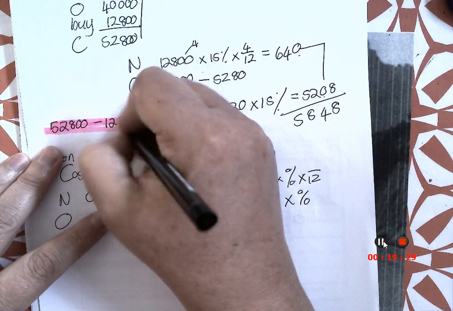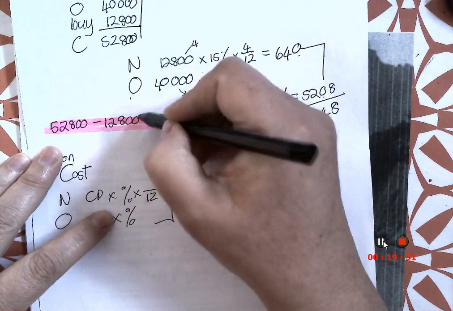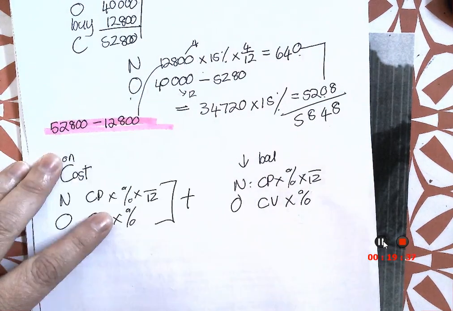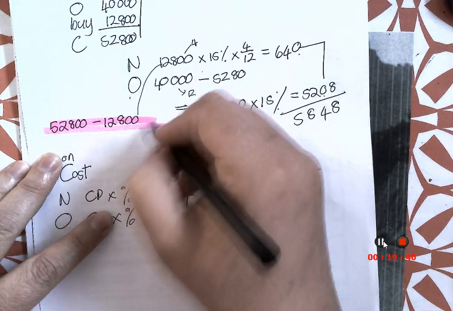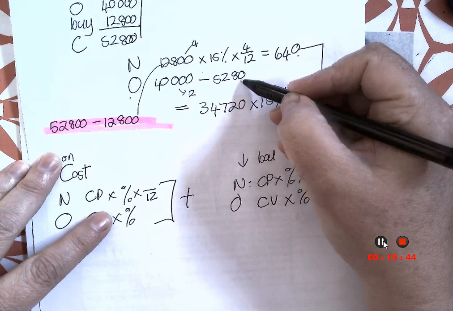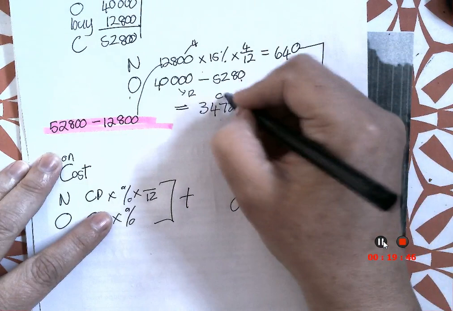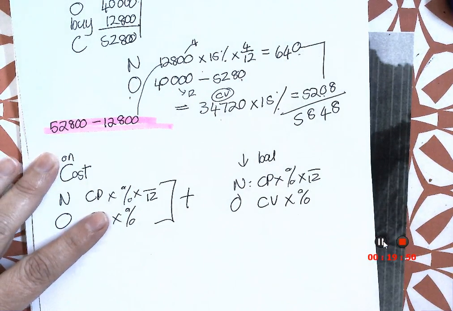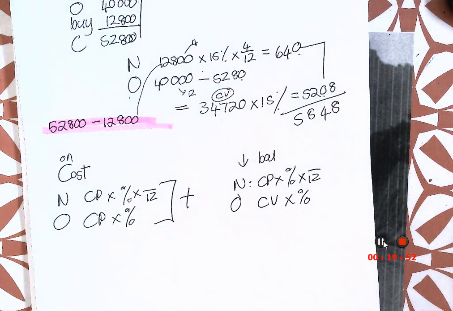Why? Because I calculated the 12,800 separately. So now I'm left with 40,000. Then I subtract the 5280 because I'm using the carry value because it's the diminishing balance method. You guys see why I minus twice?